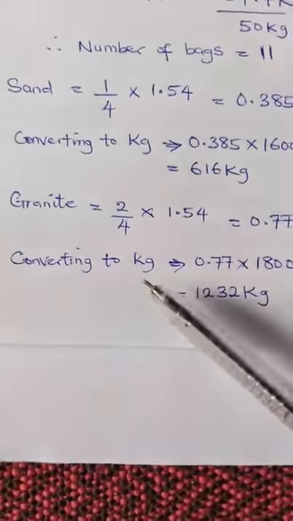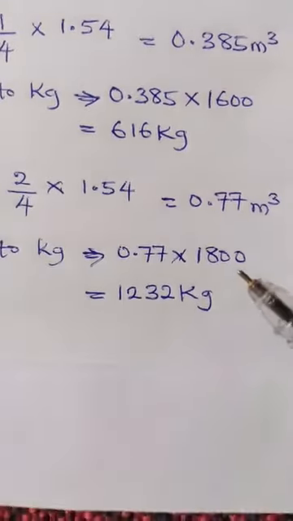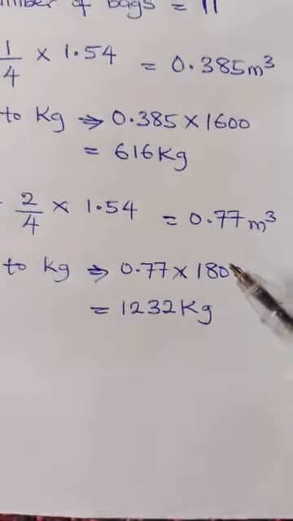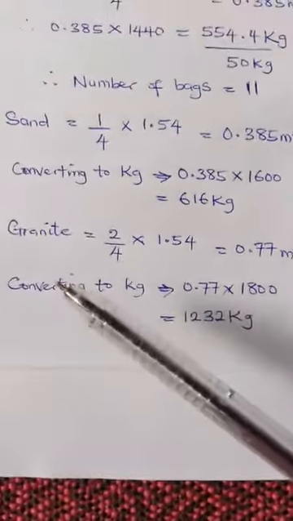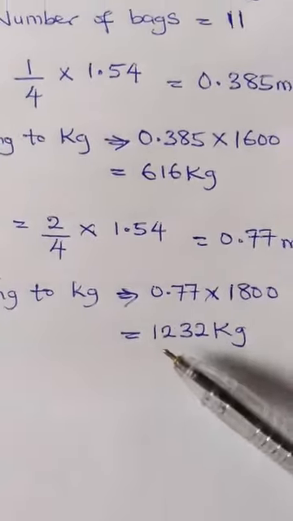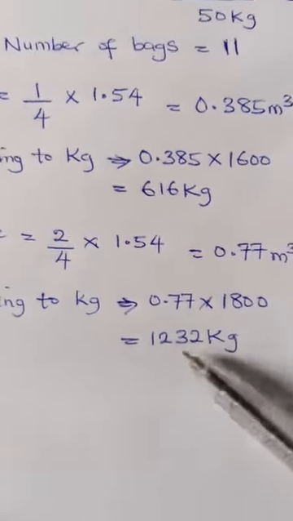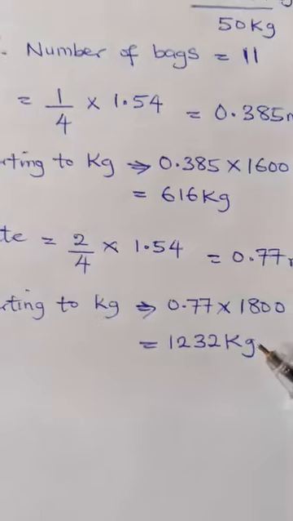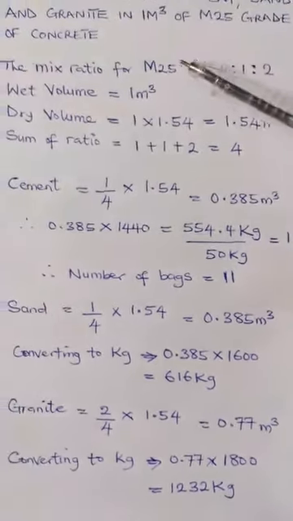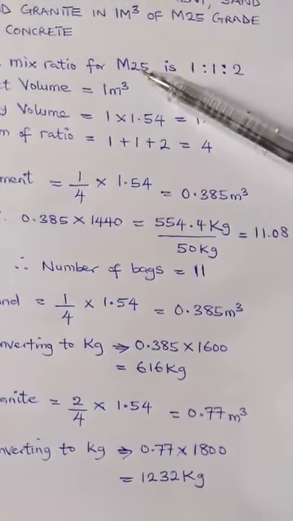Then when you convert it to kg, you multiply it by 1,800 kg per cubic meter, which is the density of granite, the coarse aggregate. When you work it out, you have 1,232 kg. This is the weight of coarse aggregate required for 1 cubic meter of grade 25 concrete.